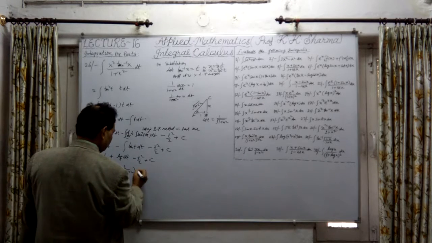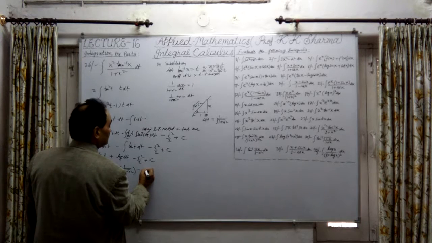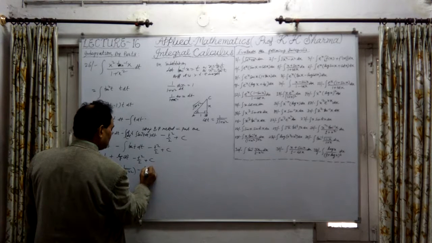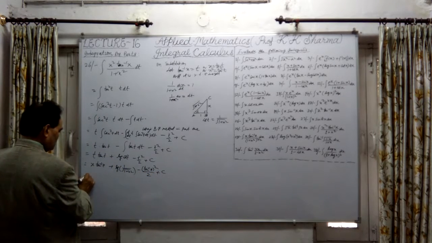Okay, further, minus t square, which is tan inverse x whole square upon 2, plus constant of integration, equal to x into tan inverse x.